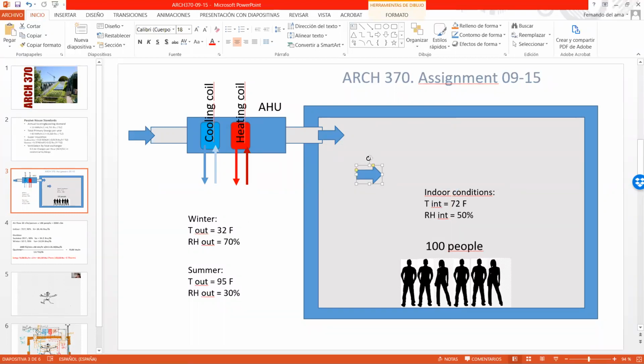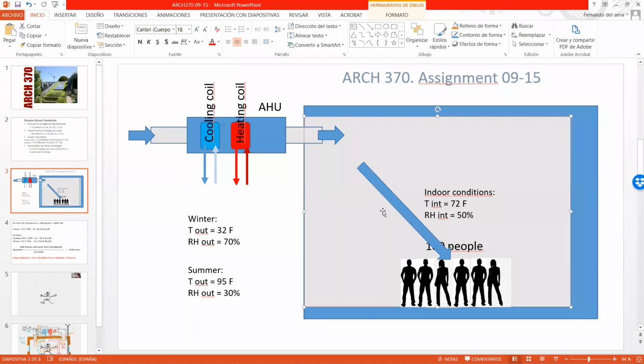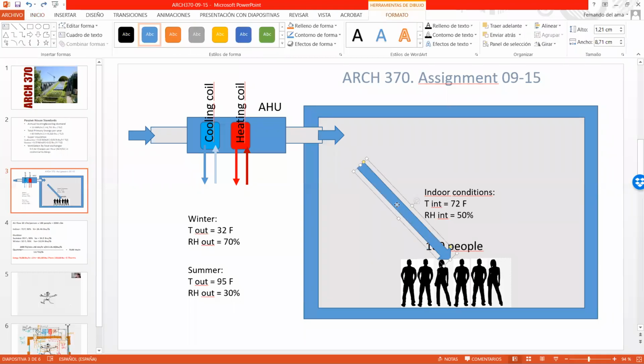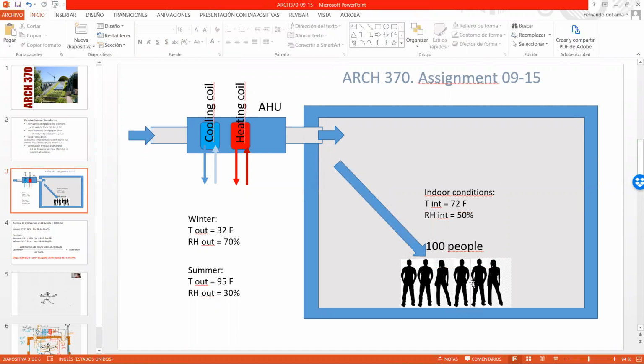The problem is that this is fresh air, conditions are pretty good, but then those people are moving and sweating and all that. So eventually that air will take all the particles and the water, so it will be unhealthy.